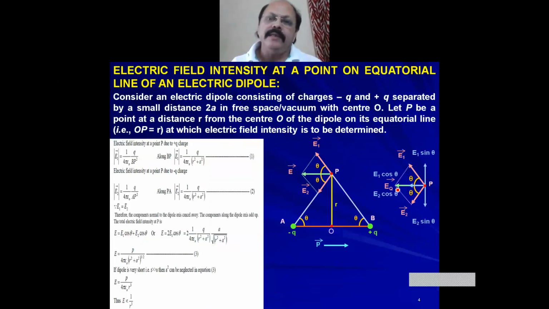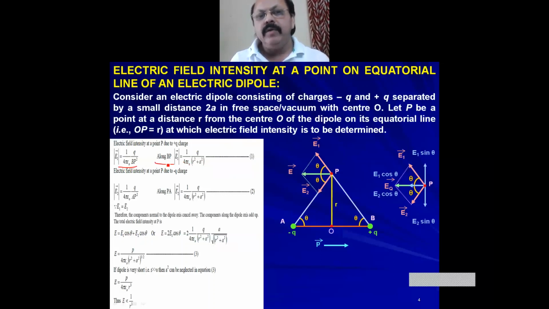Now we calculate electric field intensity at P, first due to the plus q charge. It is 1 upon 4 pi epsilon naught, q upon BP square, which we are representing by E1 vector mod, and its direction is along BP.